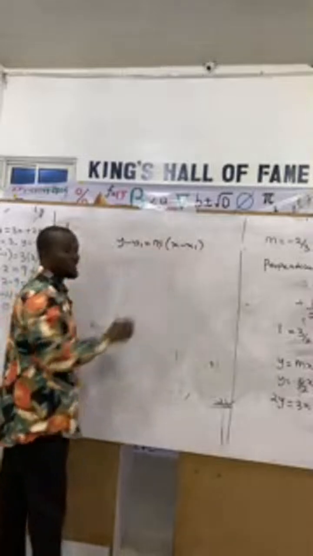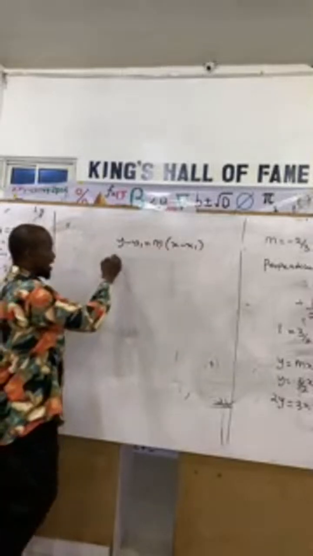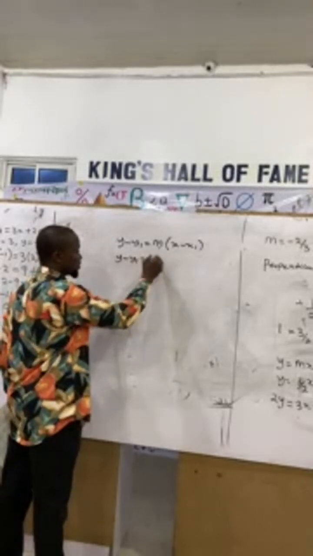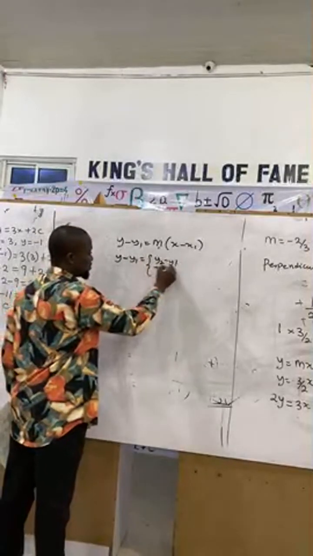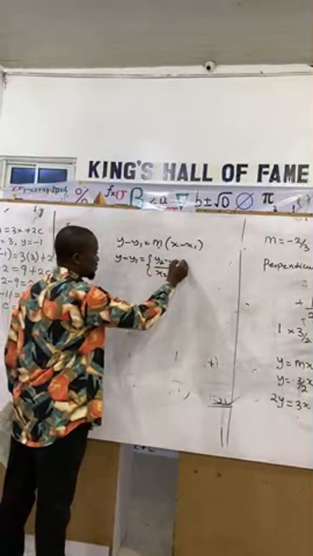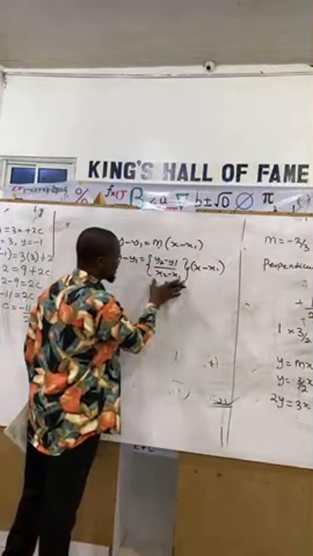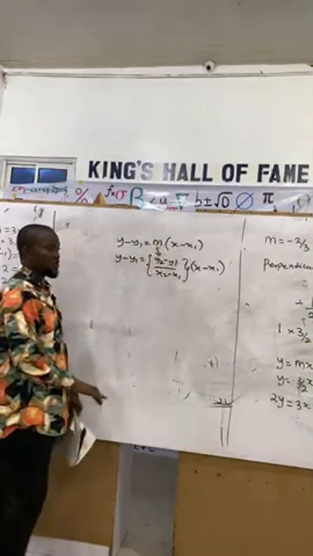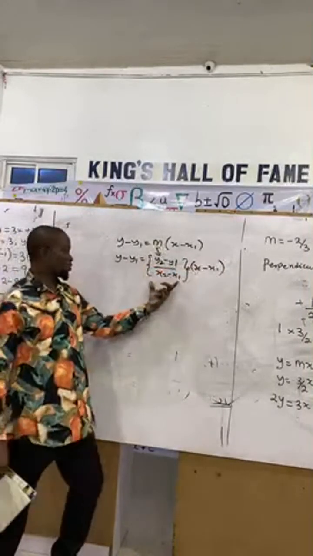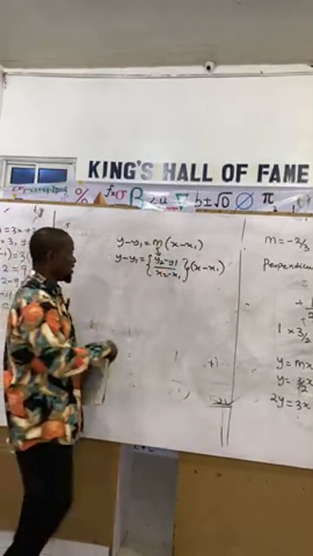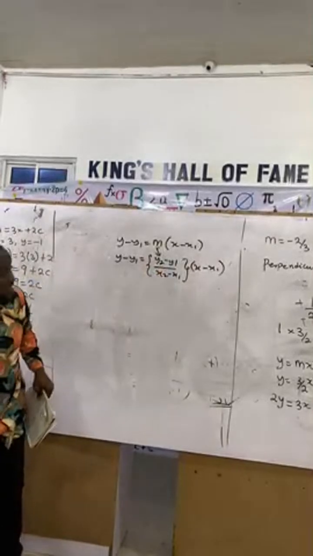We've gotten m already. You can put it as y minus y1 equals y2 minus y1 all over x2 minus x1, then into x minus x1. From this guy we have this. That's what we have gotten there. You can see something like this representing it, because this is the level to get.